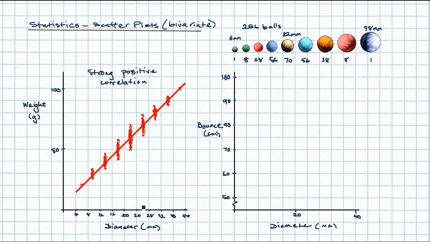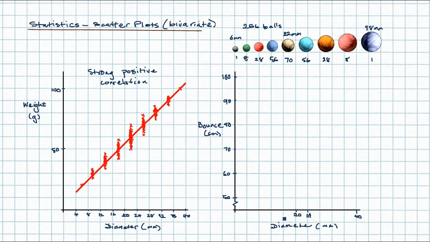Now again, our central category is going to be really useful, so let's just label this up so we can see it very clearly to start with. So we've got 20 to 24, and then we're going to think about what our bounce would be. First though, let's just finish labeling our data.